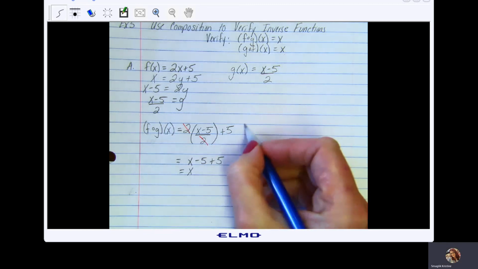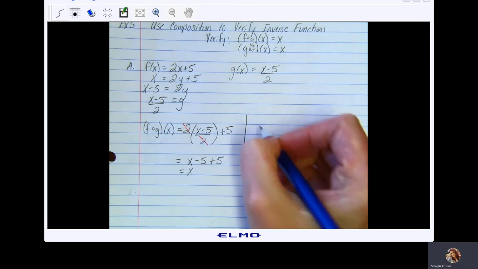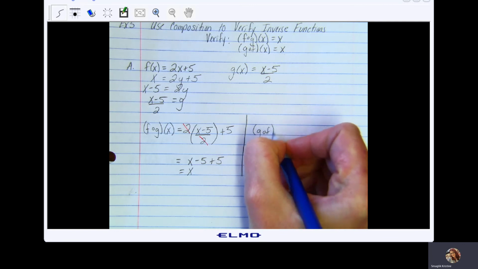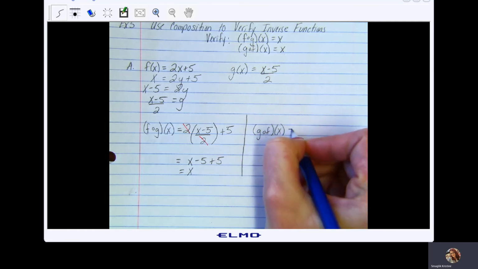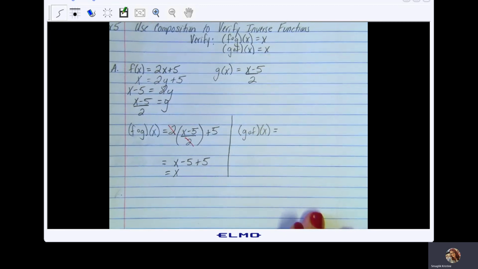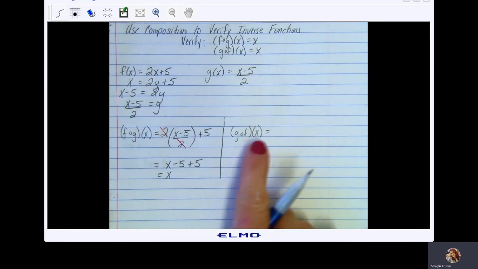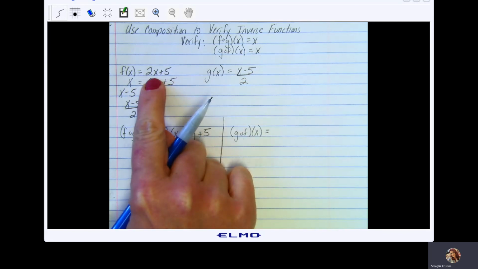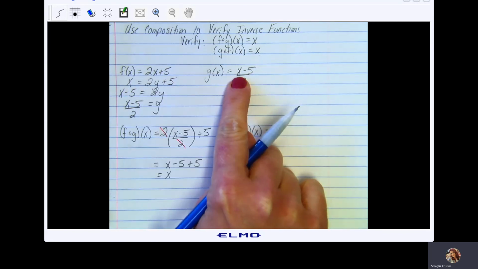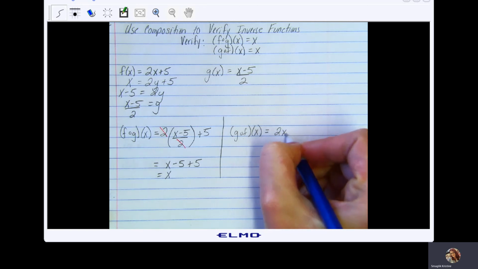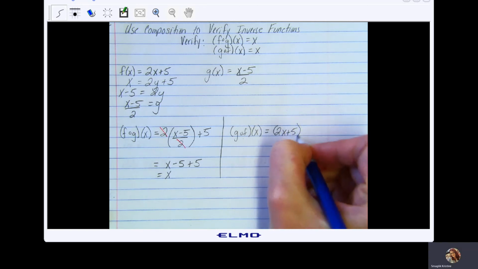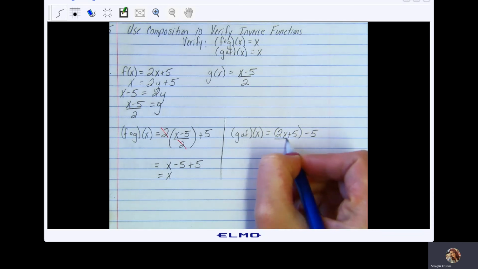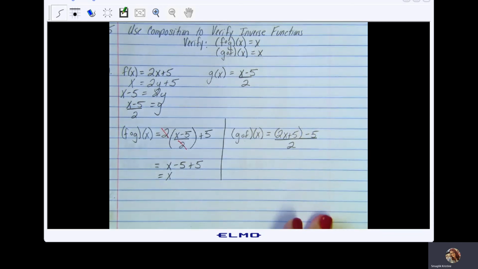Now let's go ahead and look at it by taking g of f of x. So now I am going to take my function g, and wherever I have this x, I'm going to input my function f. So here my x, I have 2x plus 5. That's my x minus 5 all over 2.